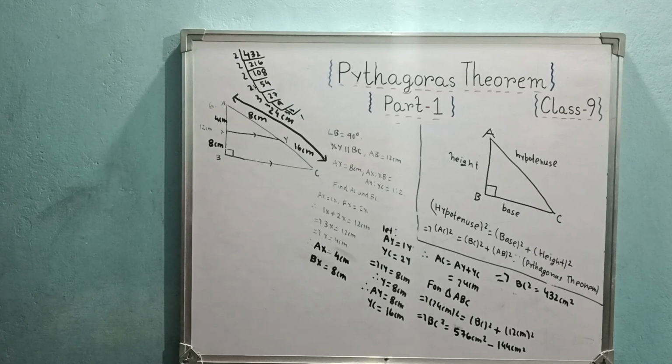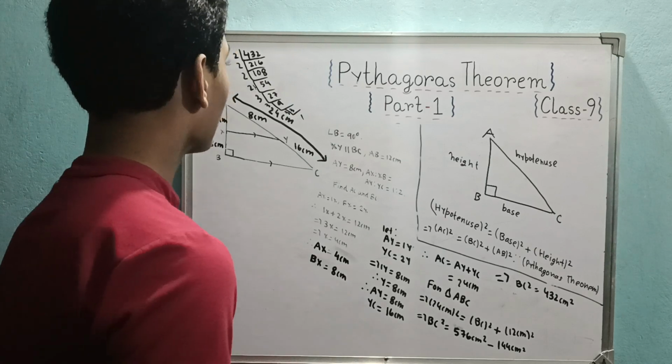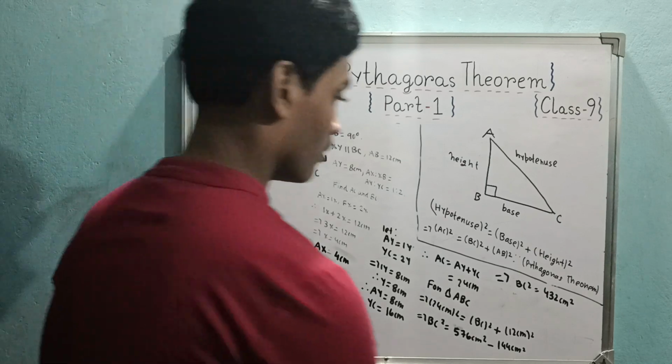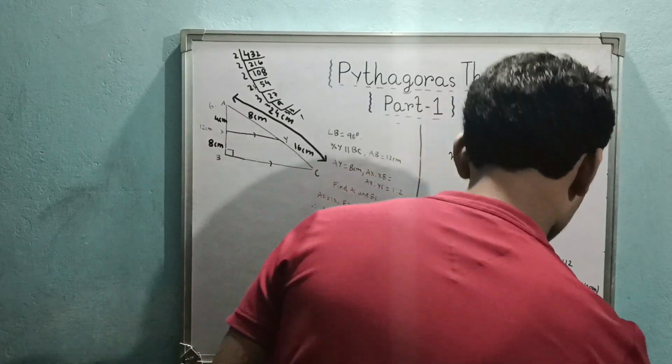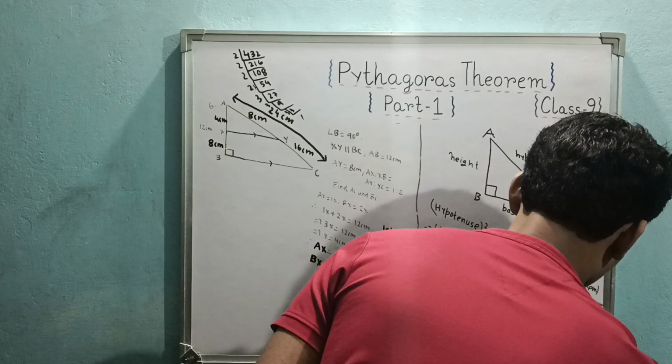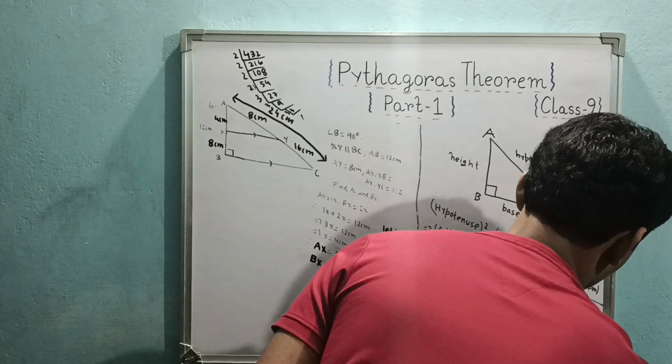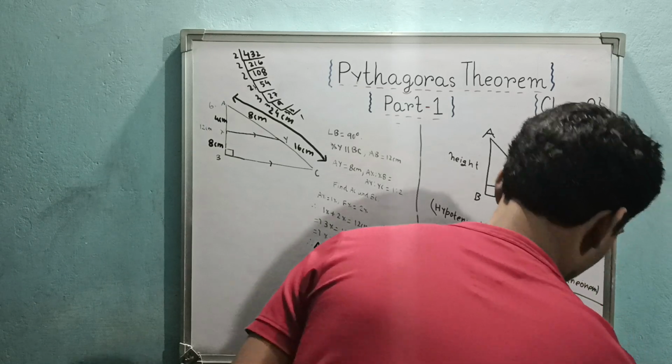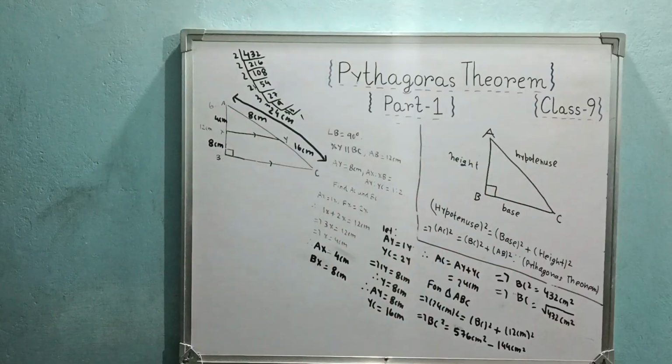Okay. So this will be equal to what? Or BC will be root 432 centimeter square. So wait 1 minute.